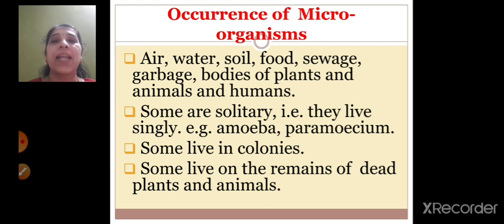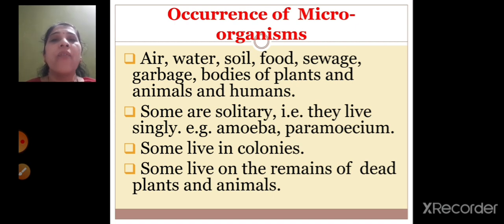The plant cell contains an outer covering called the cell wall. Now this cell wall is not present in the animal cell. In the animal cell, the outermost covering is called the cell membrane, or it is also called the plasma membrane, right?